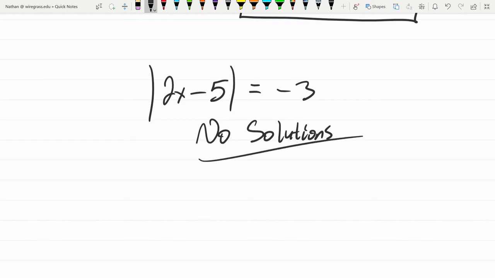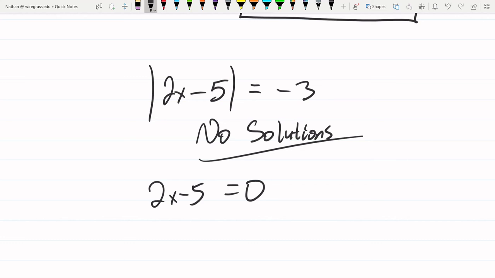Distance can never be negative. It can equal 0. If it equals 0, you actually don't need to split it up. So for instance, if we had the absolute value of 2x minus 5 equals 0, this is the same thing as saying 2x minus 5 equals 0. There's only one solution. But if it's negative, there are no solutions.